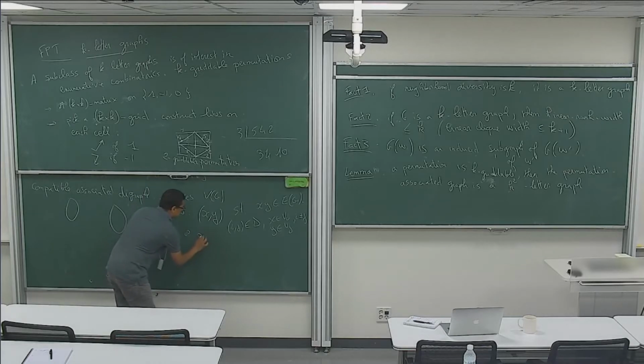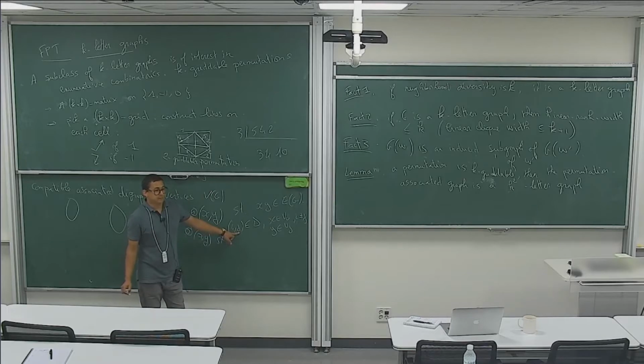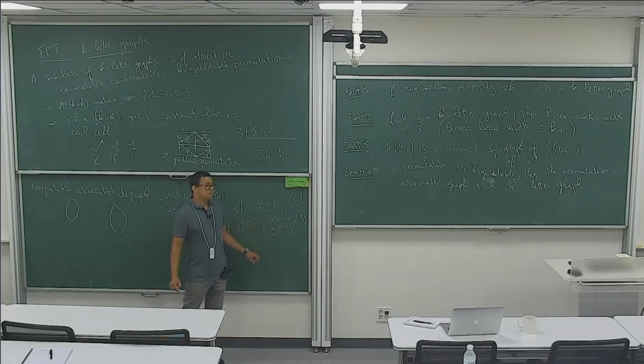So if I have xy being an edge, and I have ij being an arc of the encoding D, then in my compatible graph I add an arc from x to y if x is in Vi and y in Vj. So what does it mean?